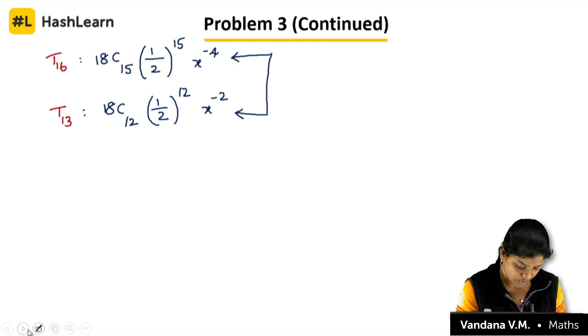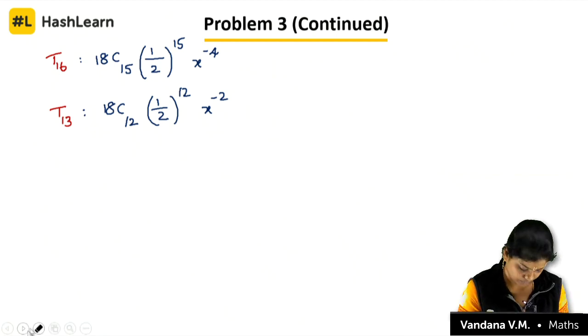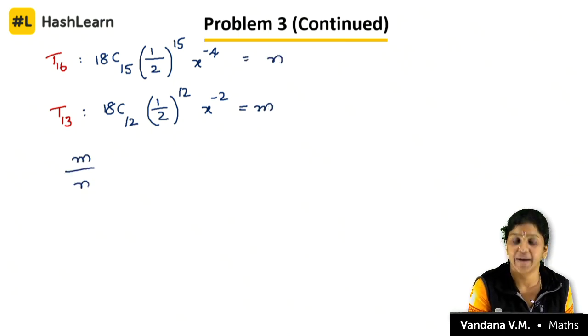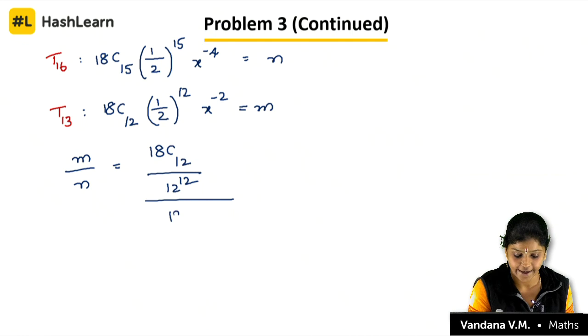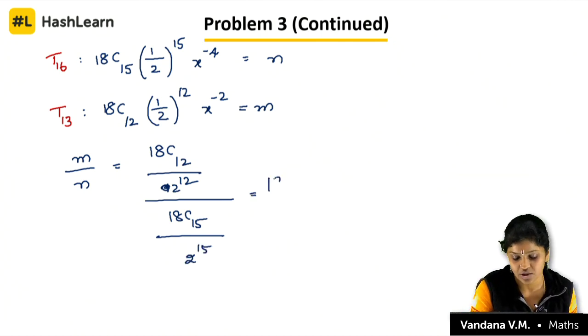So it is not equal, it should be m and it should be n. So if you find out m by n, it is 18C12 by 2 power 12 divided by 18C15 by 2 power 15. If you solve this, you will get the answer.